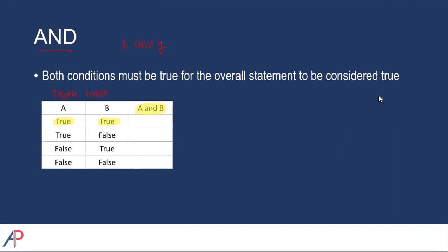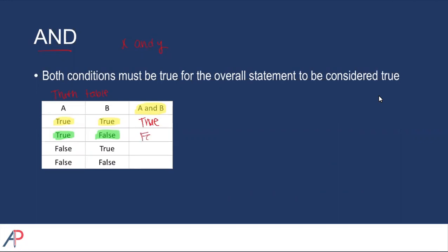So what do you guys think? If I have true and true, what would the overall statement be? Very good. This would also be true. What about for the second one? If I had true and false, what would that be overall?